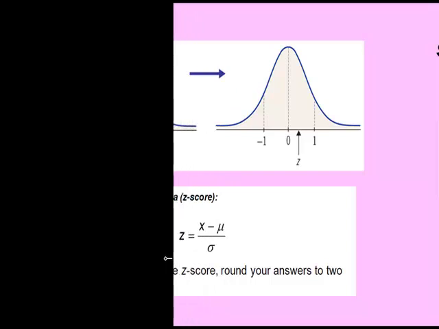We are now going to look at these in terms of 0 being the mean, and instead of plus 1 and minus 1, we're just going to call them 1 and negative 1, as in our sigma limits. So what is this called?